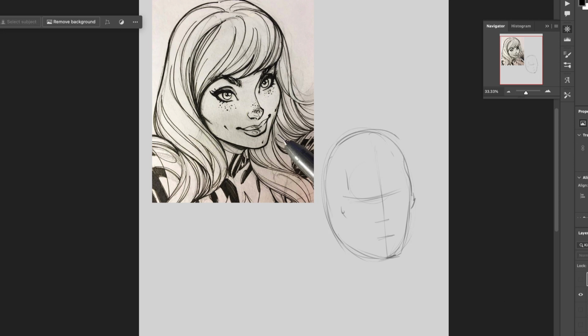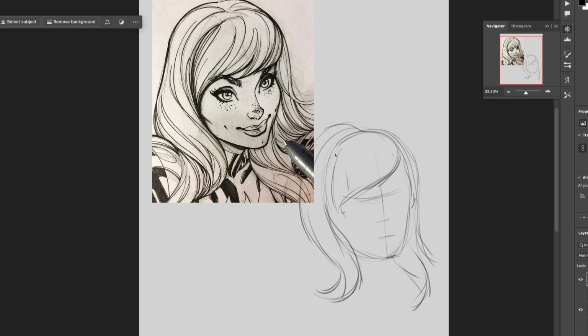What I'm pretty sure he did is draw this forward bang as one big mass, this hair here as another mass, and the hair on the side as another mass.